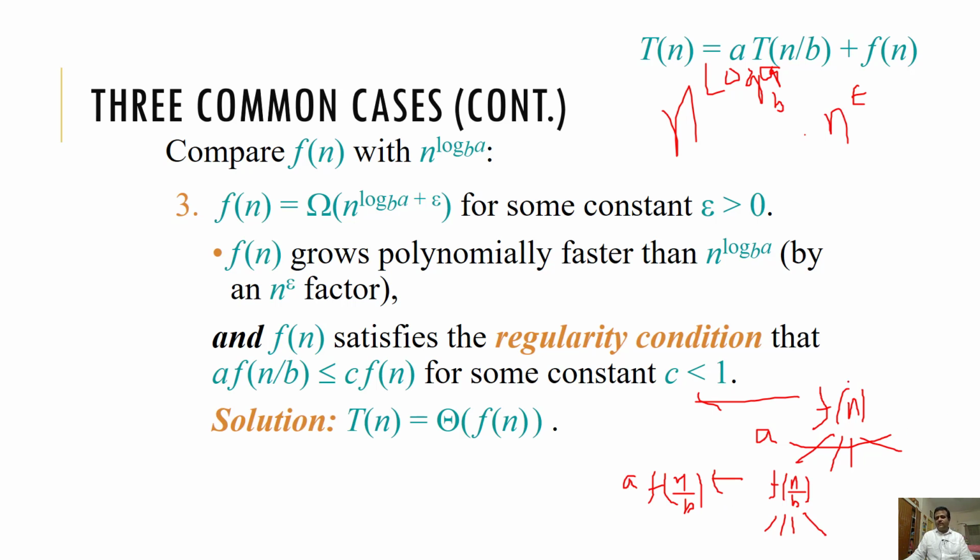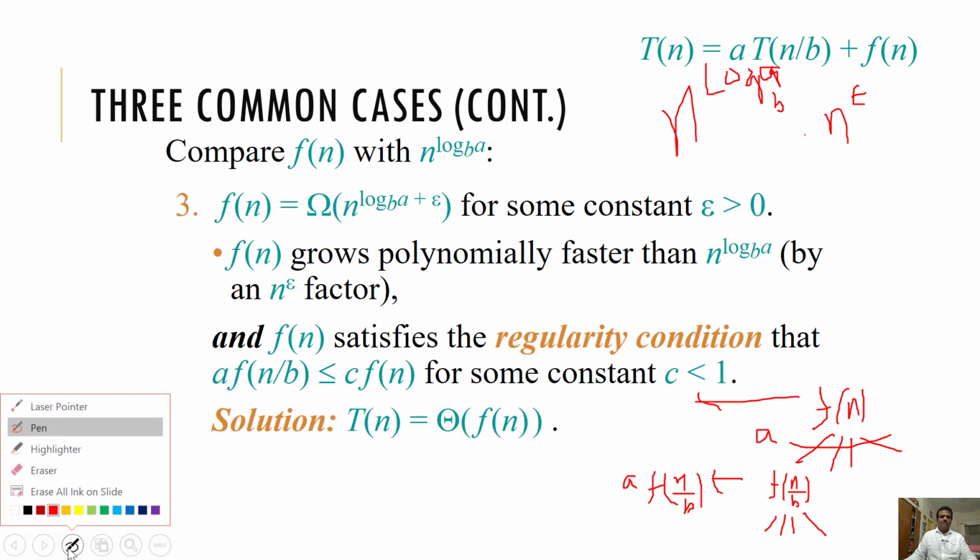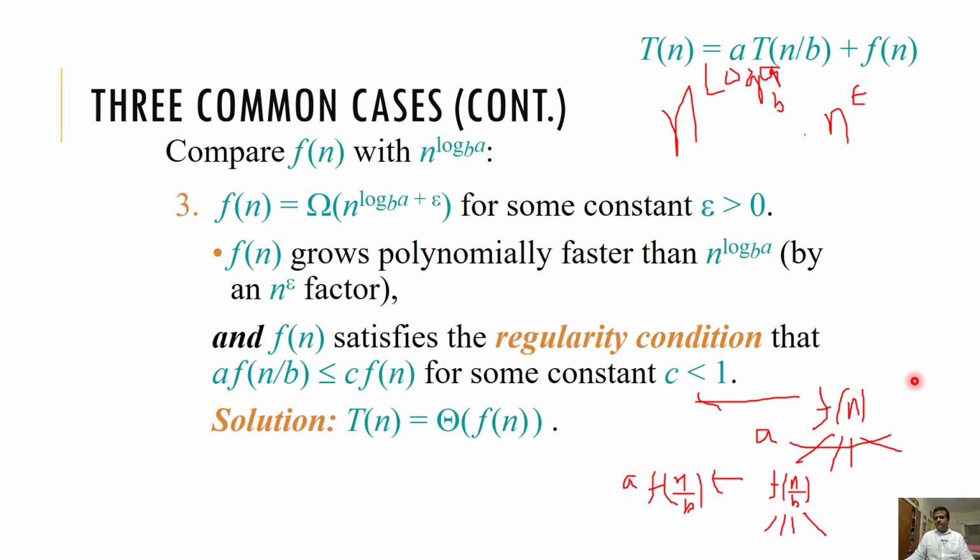We want f(n) to be the dominating cost over all the levels. We want f(n) to be the heavyweight guy, much more than this. That means this is less than a constant fraction of this. That is the regularity condition. This a f of n by b, which is the cost at the next level, should be less than or equal to some constant c times f(n), where c is a fraction.